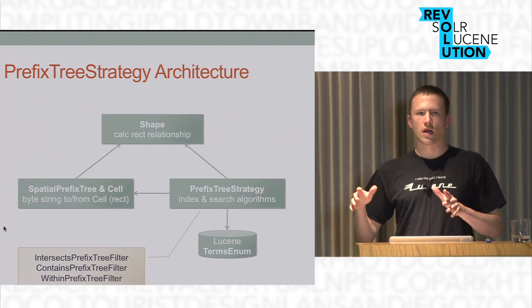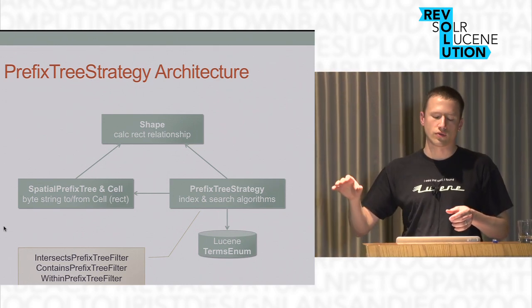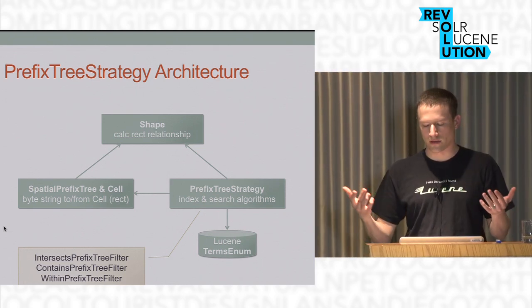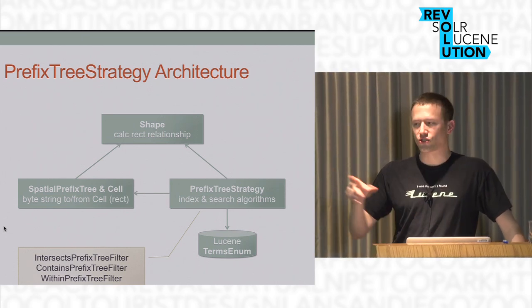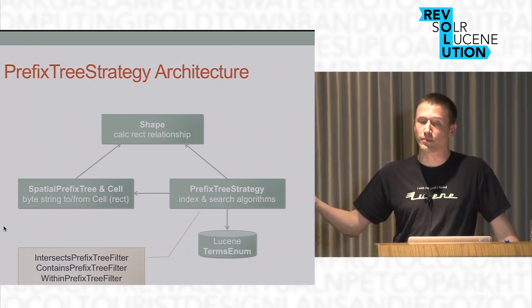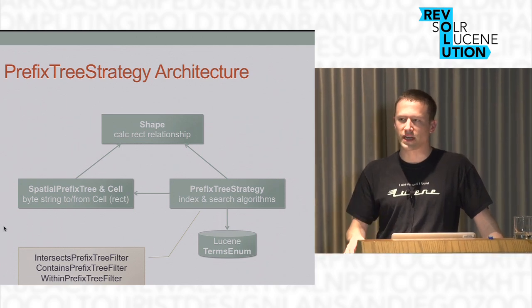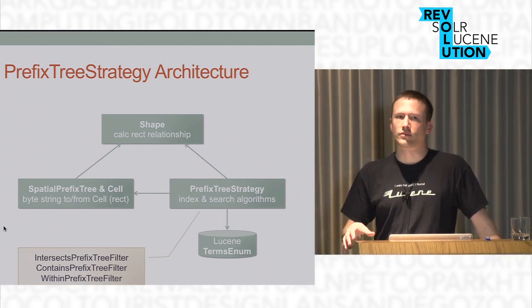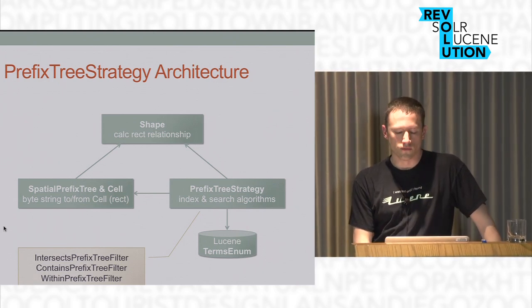Within works, and there's a to-do for ways of making it scale better. And there's also disjoint. I didn't put it on the slide because disjoint is simply the inverse of intersects, with one caveat: there has to be spatial data in the field, because if your document has no spatial data, none of these predicates will match it.